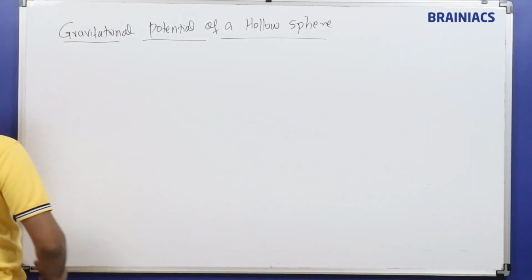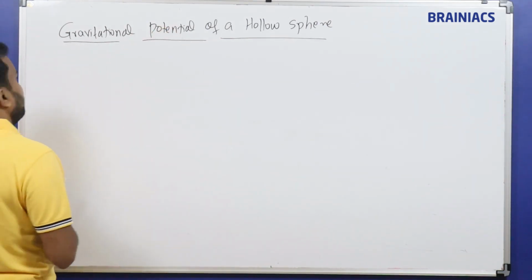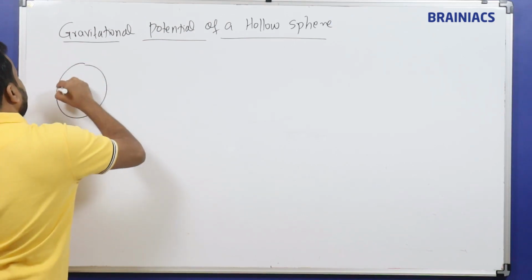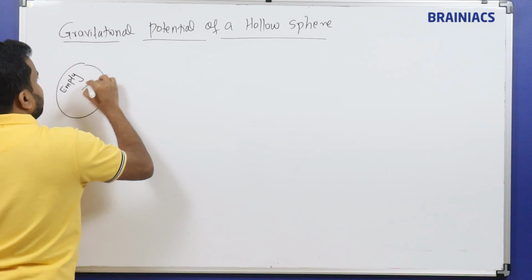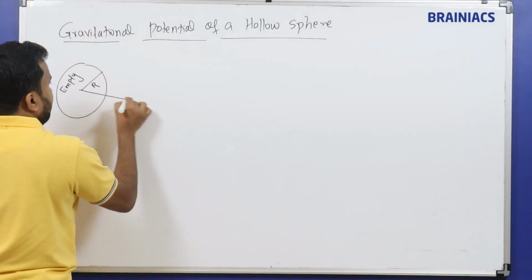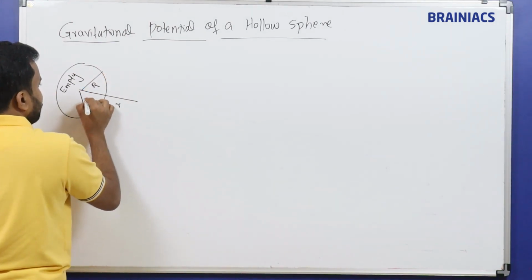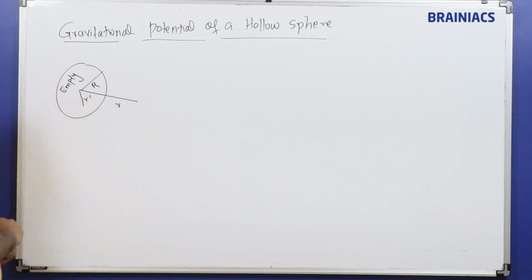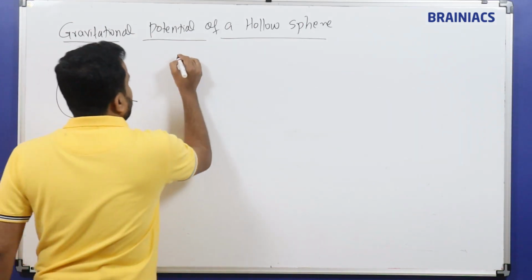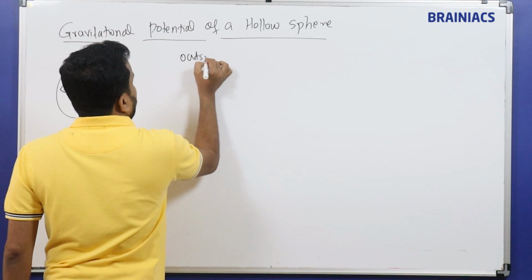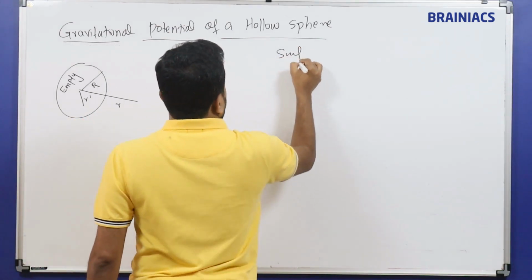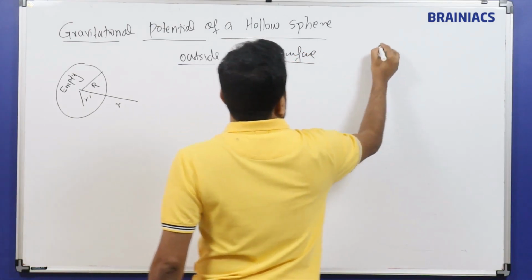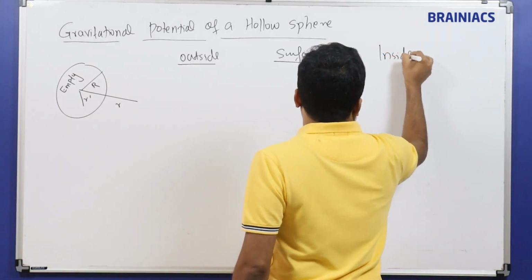So let's see the formula. It is a hollow sphere, hollow means inside it is empty, nothing is there. We have a point at a distance r outside, and at a distance r dash inside. So we have the outside one, the surface one, and the inside one.